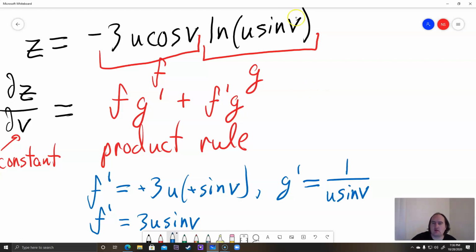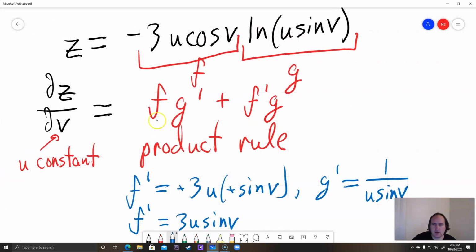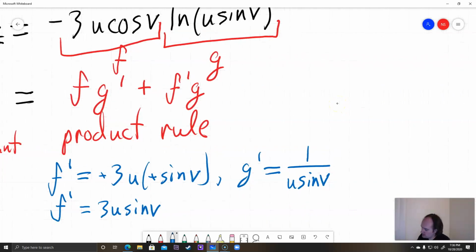So the derivative of u sine of v with respect to v is going to be u cosine of v, right? Because the derivative of sine of v is cosine of v. So we're going to have u cosine of v here.